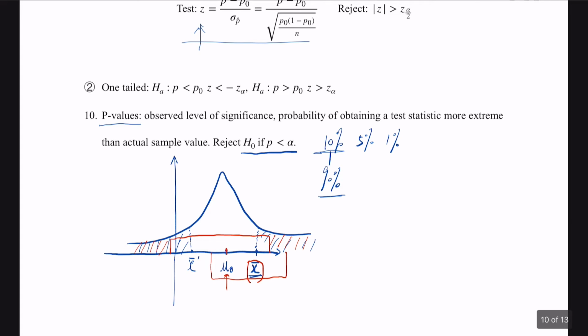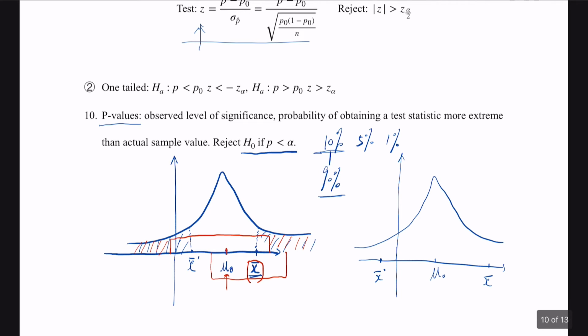What it means is that if the mu0 is our true population mean, everything could make sense. However, if it's not our true population mean, let's draw another graph. If the mu0 is here, the sample mean you got is too far from mu.